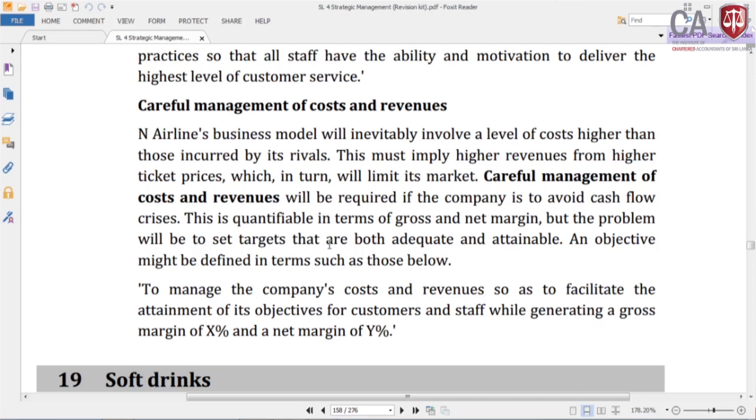Look at the objective he has set here: to manage the company's cost and revenue so as to facilitate the attainment of its objective for customers and staff while generating a gross margin of X% and a net margin of 5%.